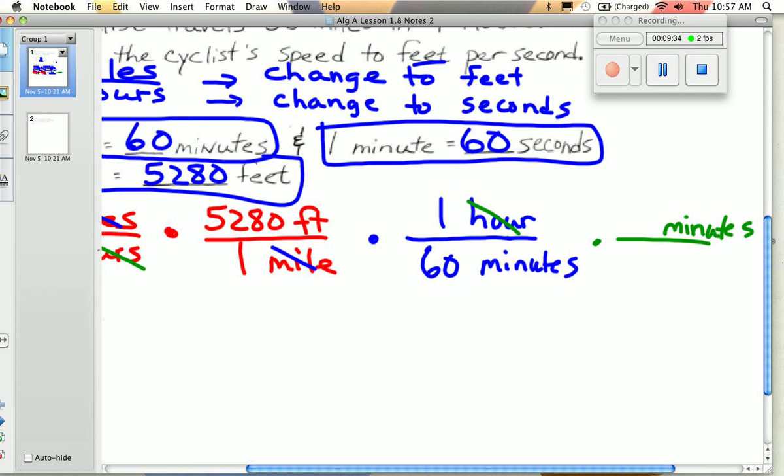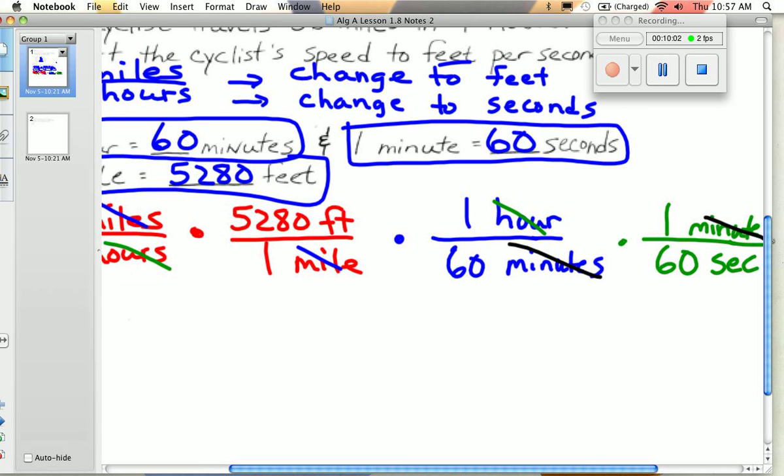And we're converting now to seconds, so we want seconds downstairs. We're going to use 1 minute is how many seconds? 60 seconds. Okay, again, our goal was to get the minutes to cancel away.